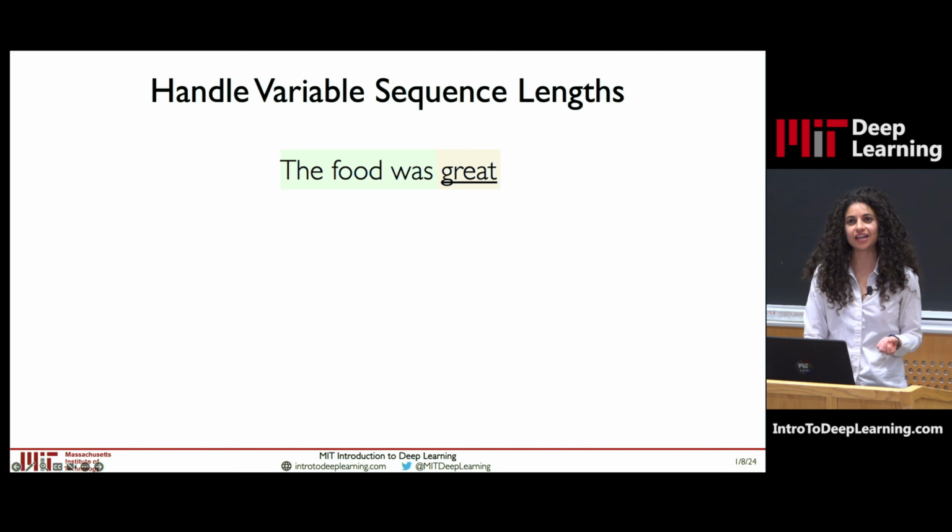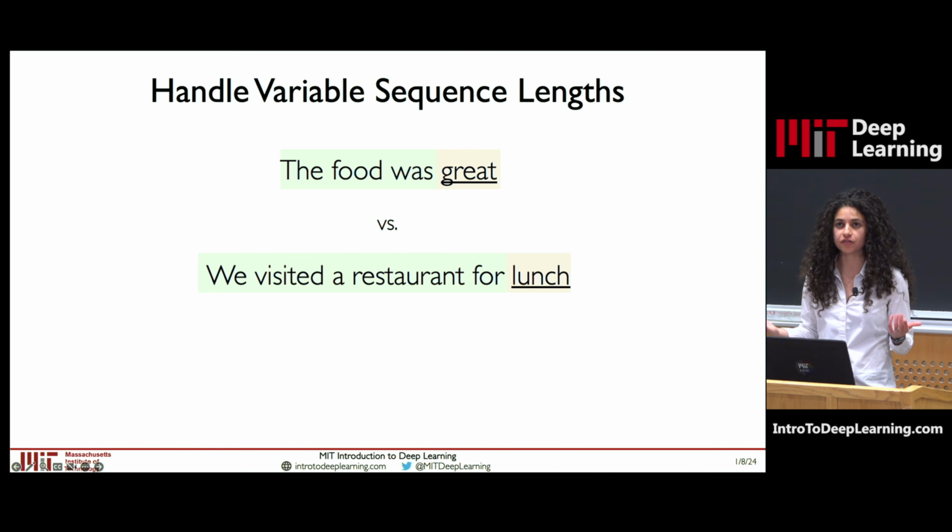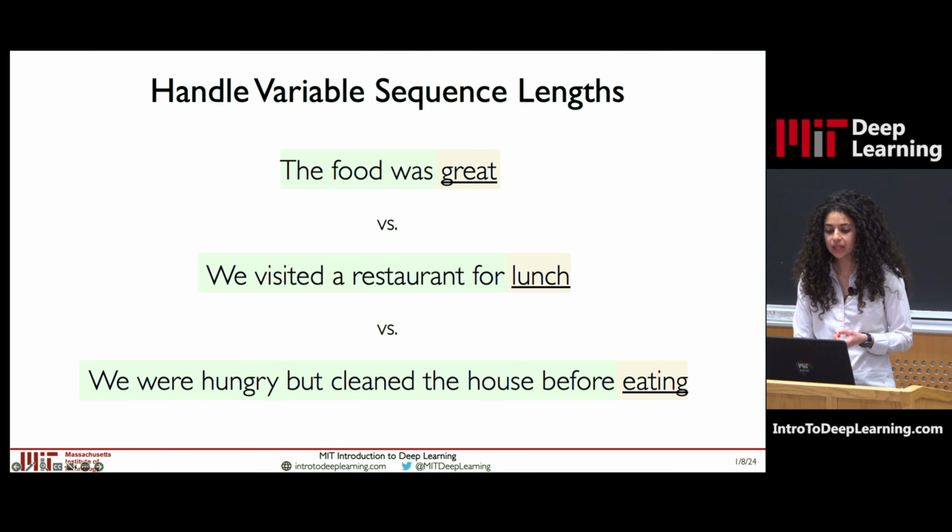The next thing in terms of how we tackle this sequence modeling problem is we need a way to be able to handle sequences of differing length. A sentence of 4 words, a sentence of 6 words, the network needs to be able to handle that.